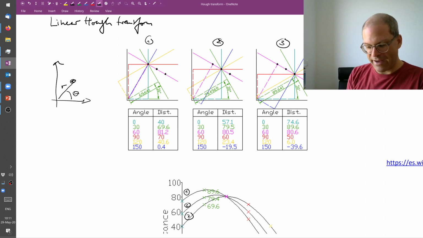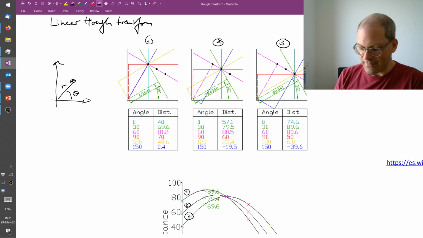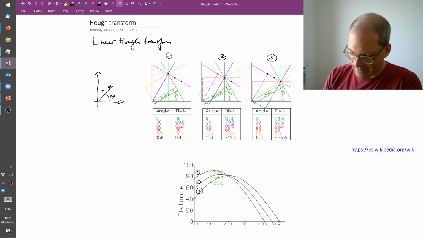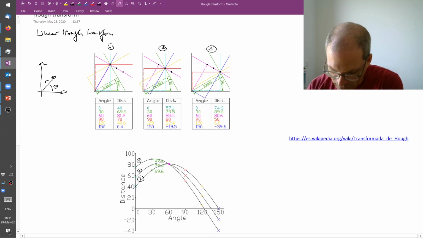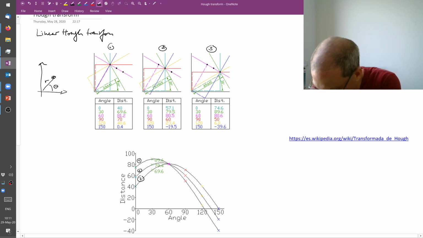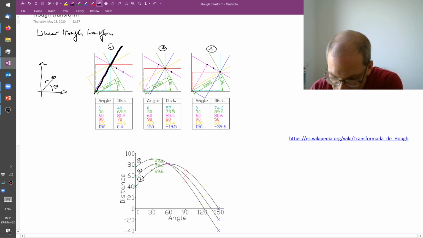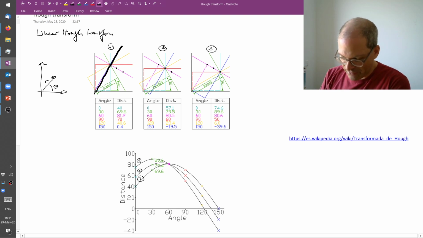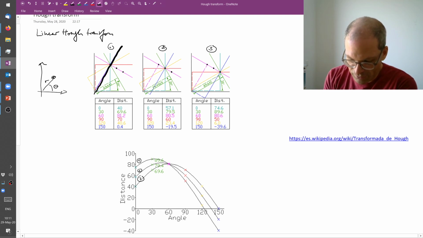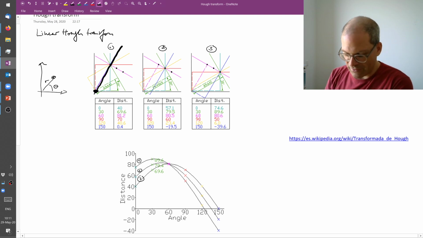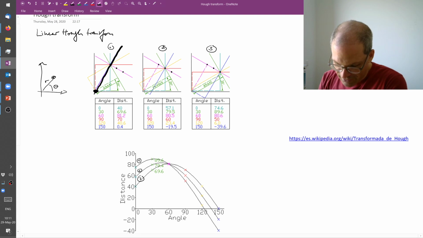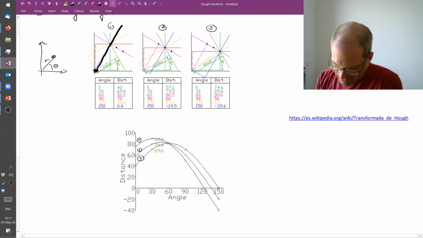And then the angle of this line. So if we now look closely, for example, at this blue line in this parameterization, it goes exactly through the origin, so it has a distance of 0 from the origin, and the angle here is, what is it, 60 degrees or so.